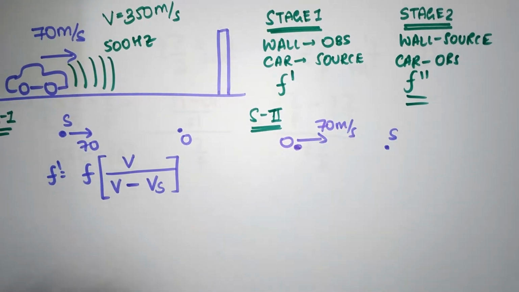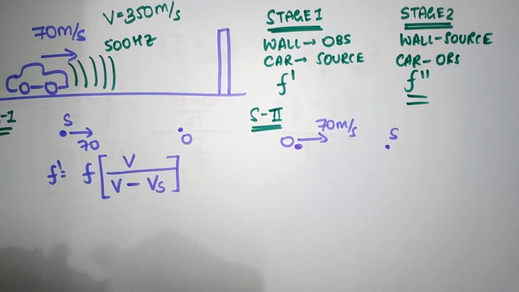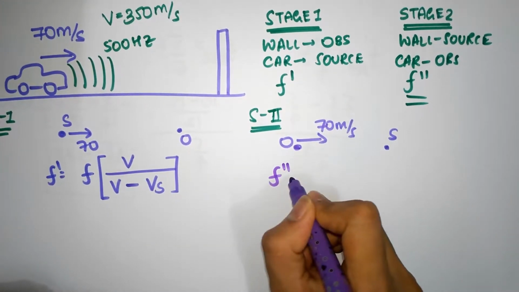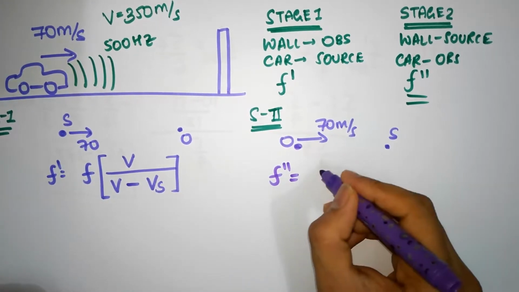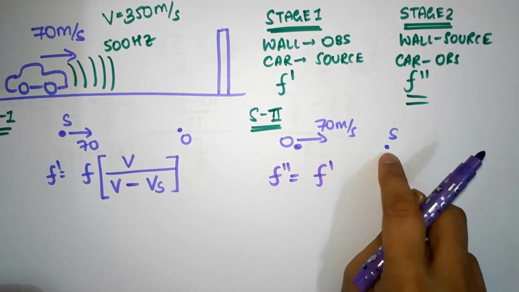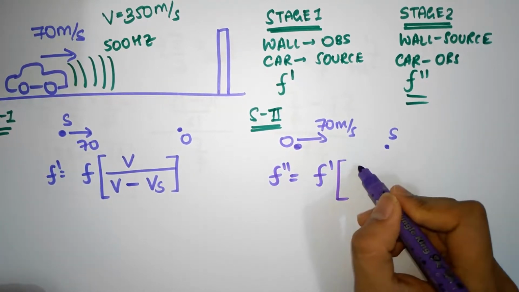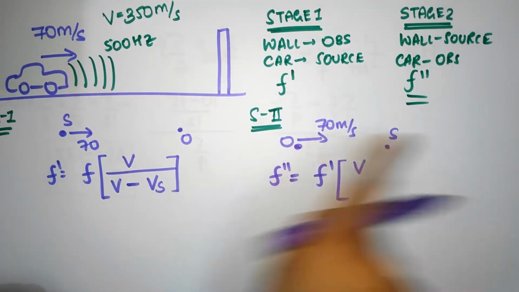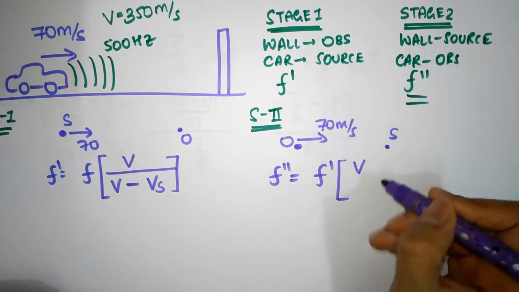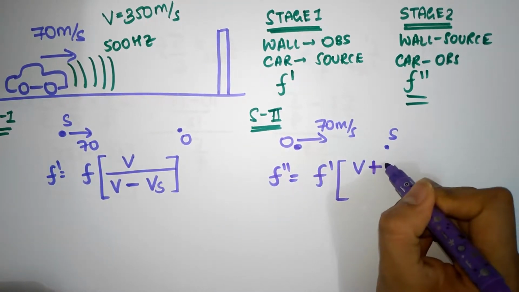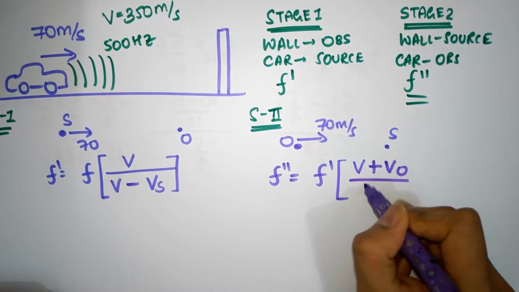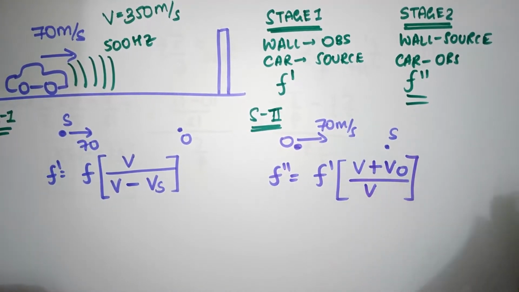So what's going to be the frequency heard by the source again? That's going to be f double prime. This is going to be the original frequency delivered by the source, which is the wall, multiplied by v plus v naught, since the observer is approaching, which increases the frequency so the numerator should increase, divided by v, as the source is not moving.